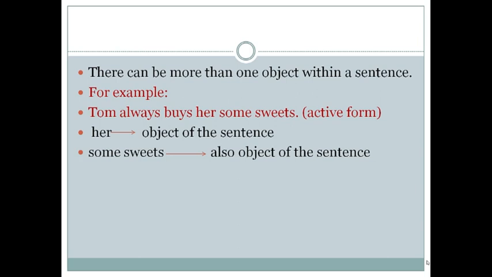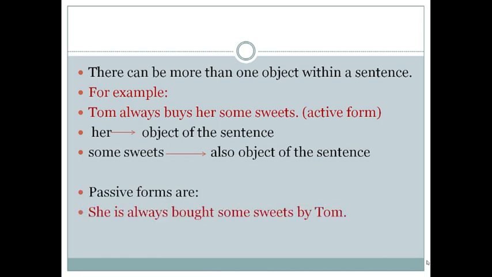Some sweets is also the object of the sentence. Passive forms are: she is always bought some sweets by Tom. Some sweets are always bought to her by Tom.